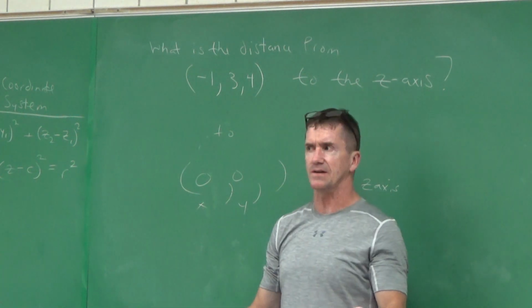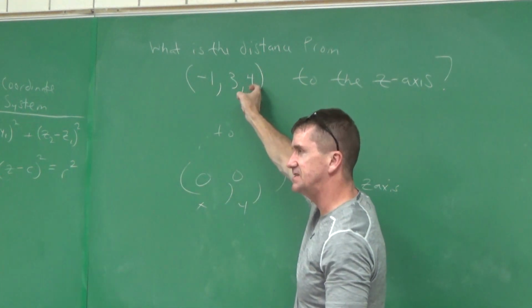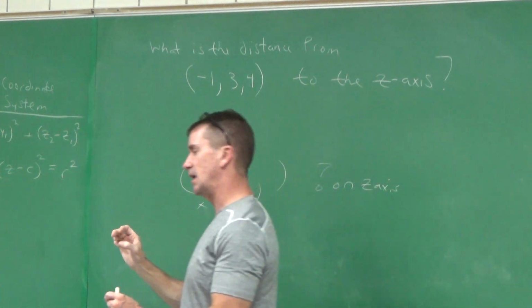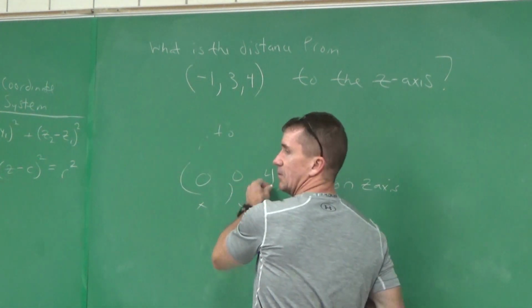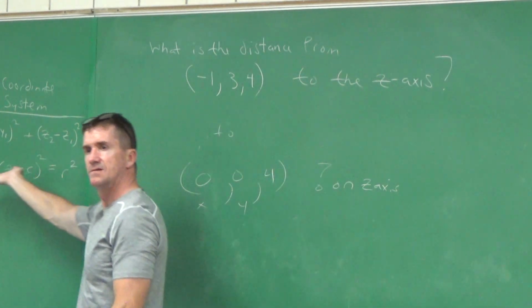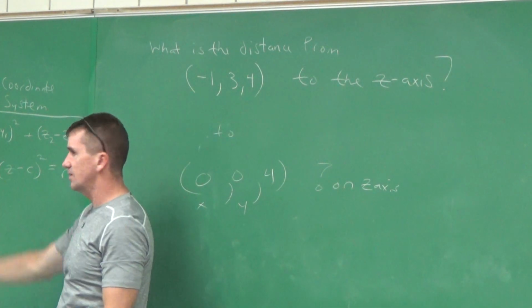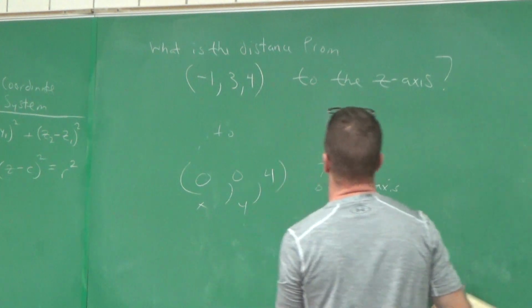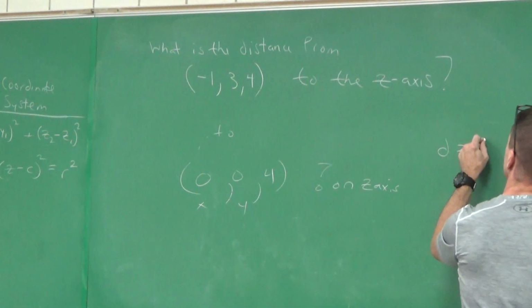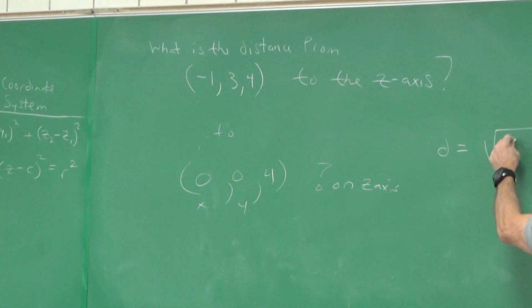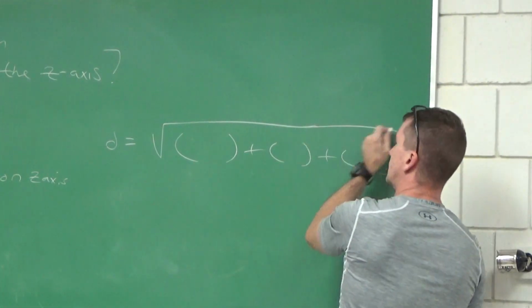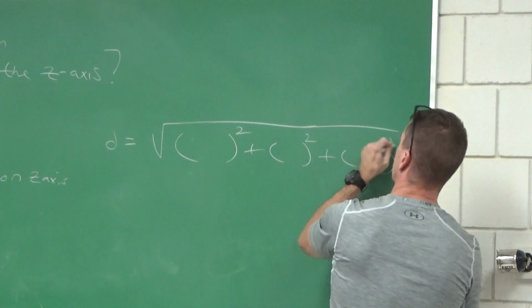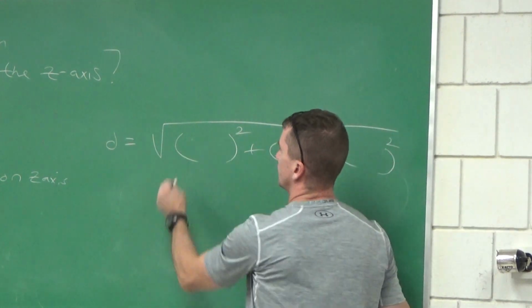Let me say it again so you're not confused. I'm going to use that same number I see there, because that means I take the shortest distance to the z-axis. We're just going to plug into the formula and see what we get. You'll see a problem like this on the practice set. What's negative 1 minus 0?